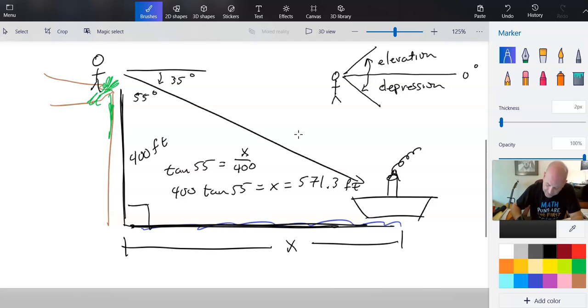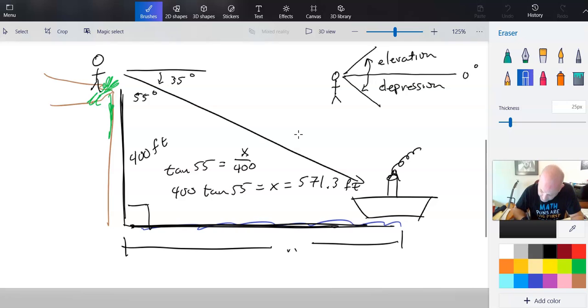So I want to take the same idea here, and I'm going to get rid of some of this stuff. We just found out that the big X here was 571.3. So I'm going to erase the work. We now know that the full distance is 571.3.